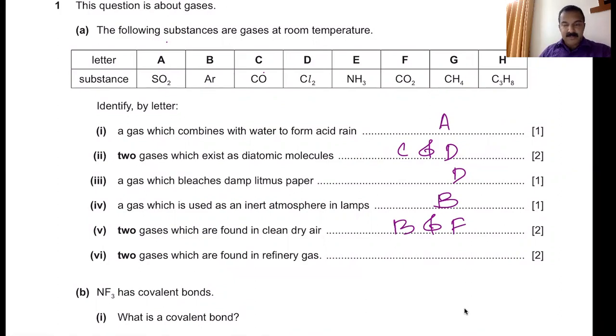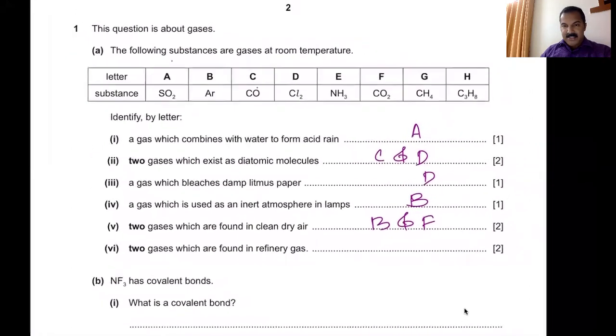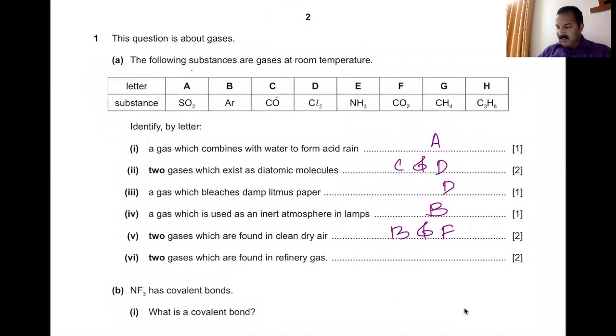Two gases which are found in refinery gas. Refinery gas is a petroleum fraction, so obviously you don't have to think much. It is G and H. Let me tell you, refinery gas is the fraction with the lowest boiling point, and it consists of the fractions up to propane, maybe some amount of butane also: methane, ethane, propane, and some butane.